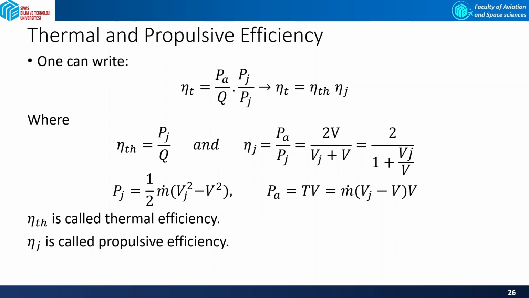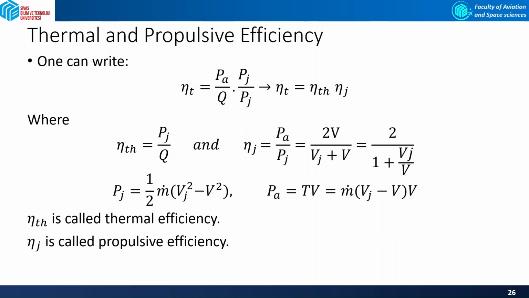But of course, we know that thrust can also be written as m dot times Vj minus v, and then you still have to multiply it with the airspeed, because you have the thrust times airspeed.